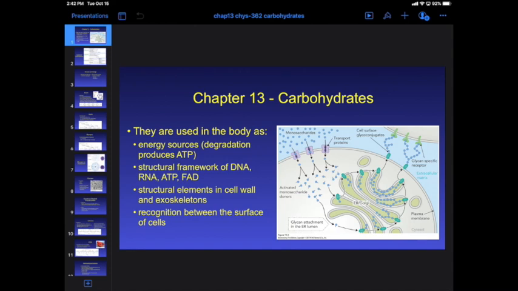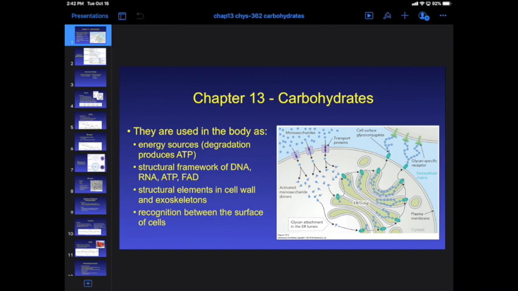What is the difference between starch and cellulose? Yeah, it's just the connectivity. Starch and cellulose are all polymers of glucose.